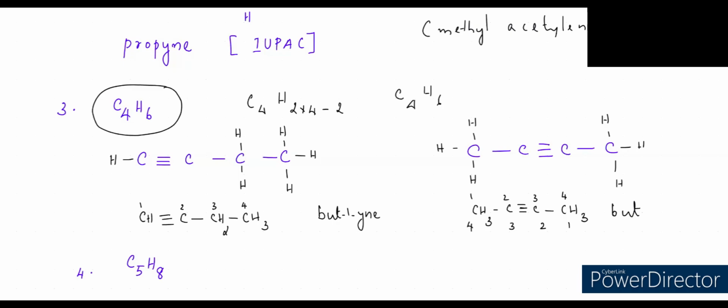That means I can number in either way. Either way, the triple bond is on the second carbon, so we pick the lowest number. So, but-2-yne.